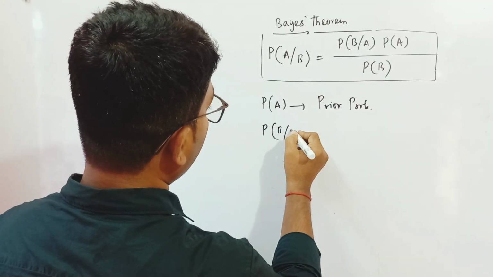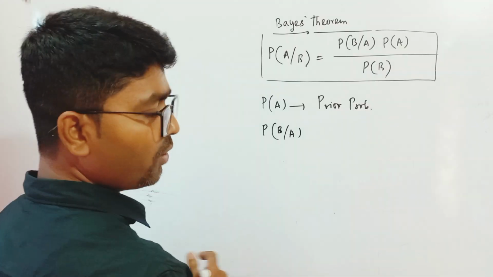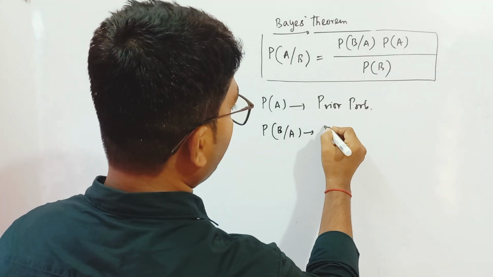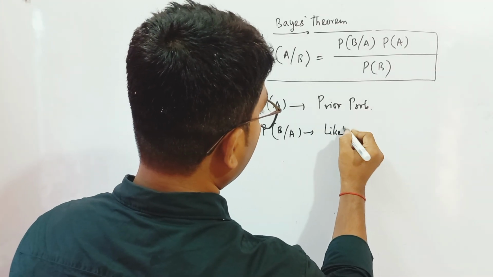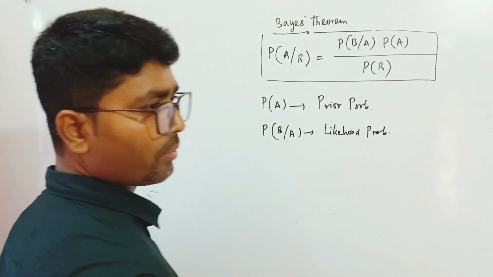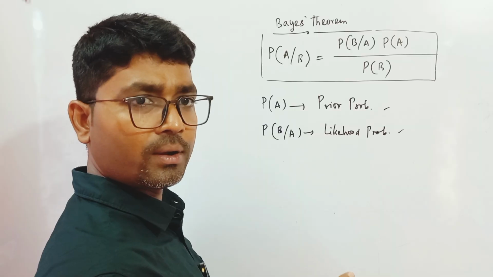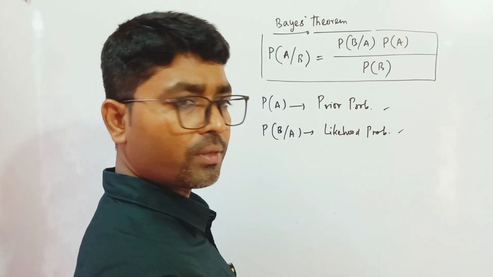P of B by A, that is the probability of B when A has already occurred, is the likelihood probability. These two we may easily calculate before getting new information.